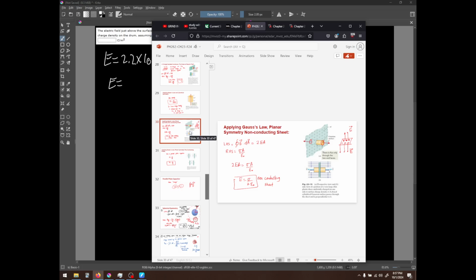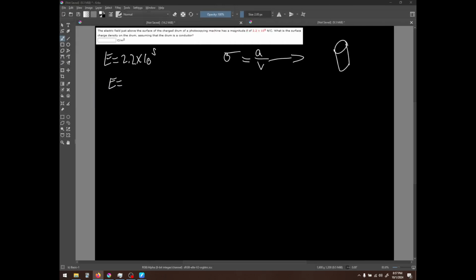Let's try to use this equation. I don't know. It's the only one that looks like it works. E equals the charge density over 2 epsilon 0. So we know these. So can we write it in terms of that?